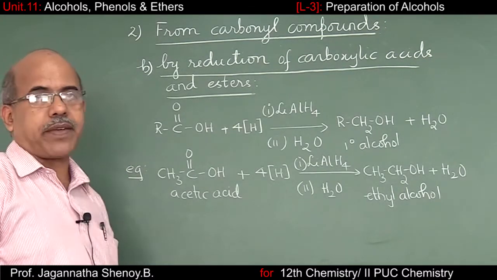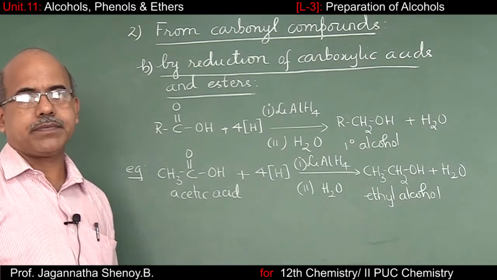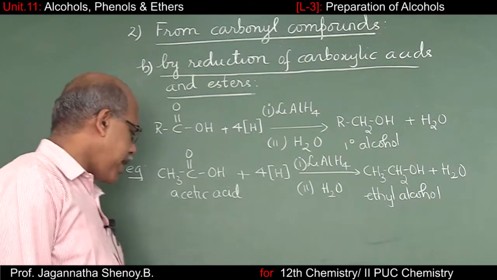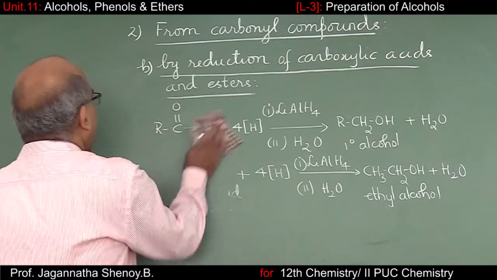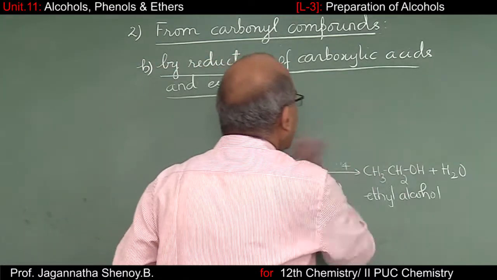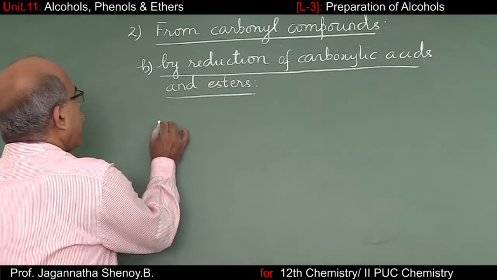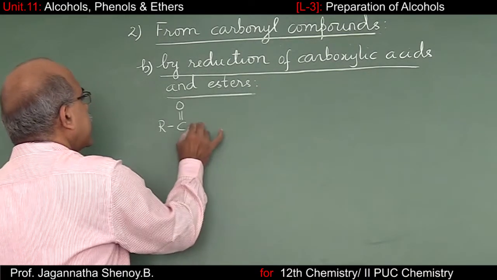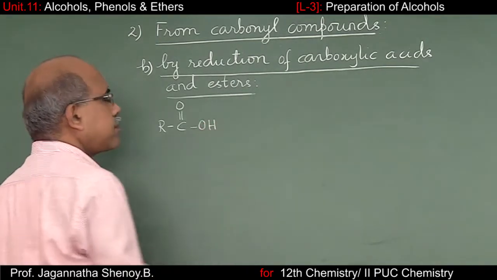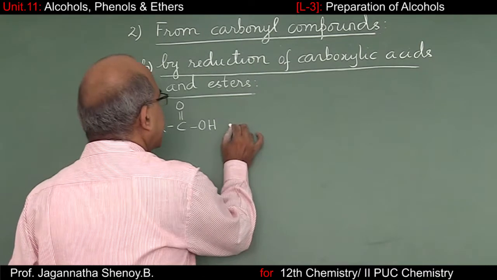If not this way, I can also follow an alternate path. In that alternate path, first we convert a carboxylic acid into ester by esterification process. So I start from a carboxylic acid. First I'll subject this to esterification.